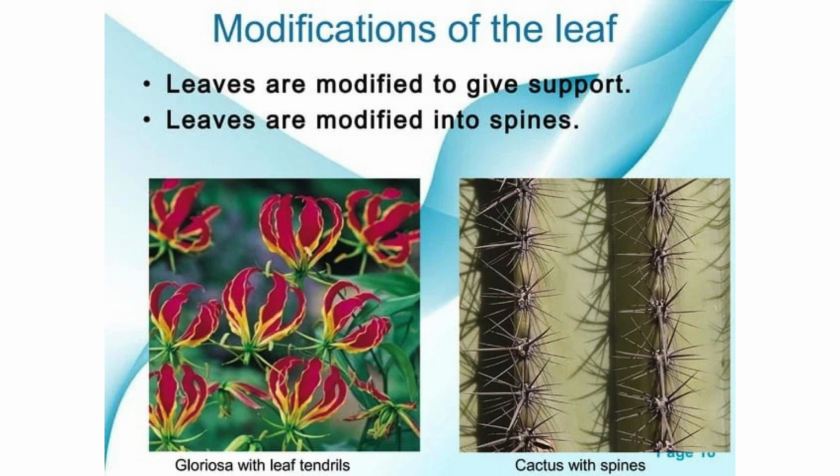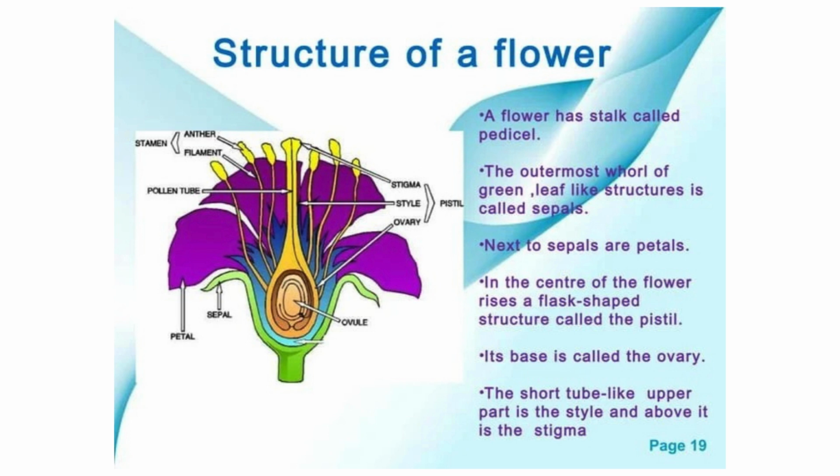Flower is the most beautiful and attractive part of the plant. A flower has a stalk called pedicel. The outermost whorl of green leaf-like structures is called sepals. Next to sepals are petals. In the center of the flower rises a flask-shaped structure called the pistil. Its base is called the ovary.